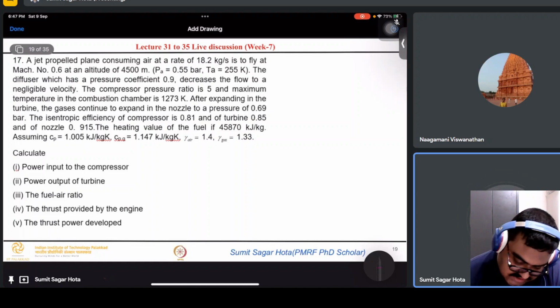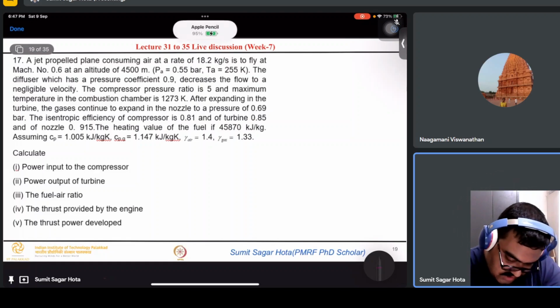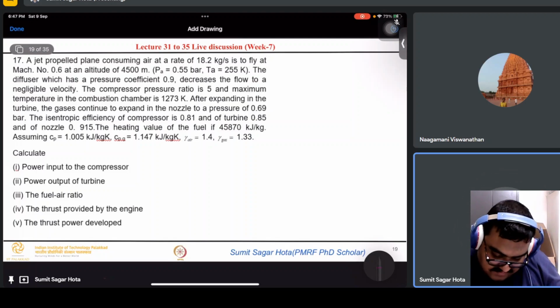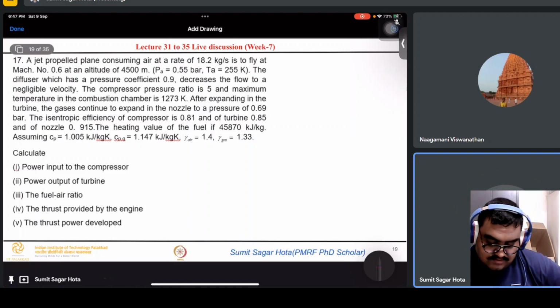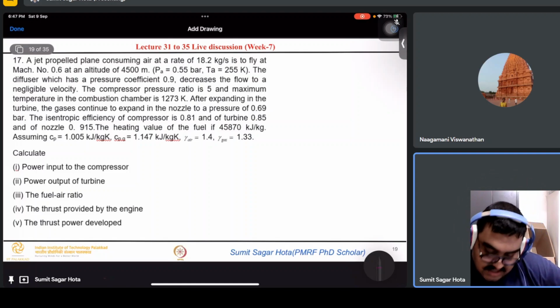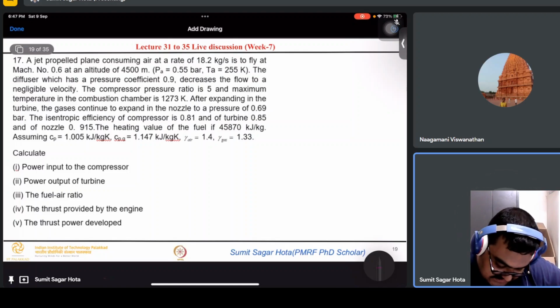The diffuser, which has a pressure coefficient of 0.9, decreases the flow to a negligible velocity. The compressor pressure ratio is 5 and the maximum temperature in the combustion chamber is 1273 Kelvin. After expanding in the turbine, the gases continue to expand in the nozzle to a pressure of 0.69 bar.